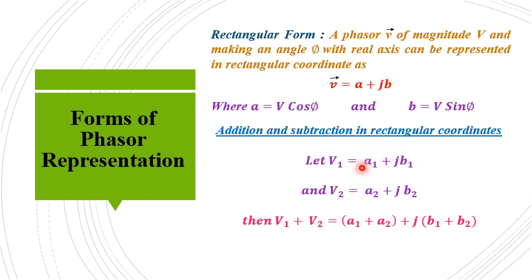A1 and A2 are the real parts, and B1 and B2 are the imaginary parts. So if we need to add two phasors, add the corresponding real parts as well as the corresponding imaginary parts. Similarly, for subtracting two phasors, subtract the corresponding real parts as well as the imaginary parts. That means V1 minus V2 will be equal to (A1 minus A2) plus j(B1 minus B2).